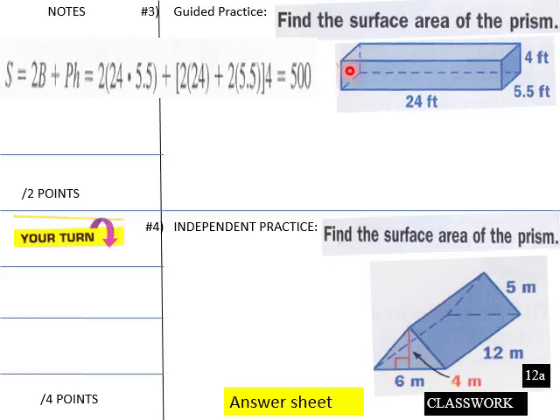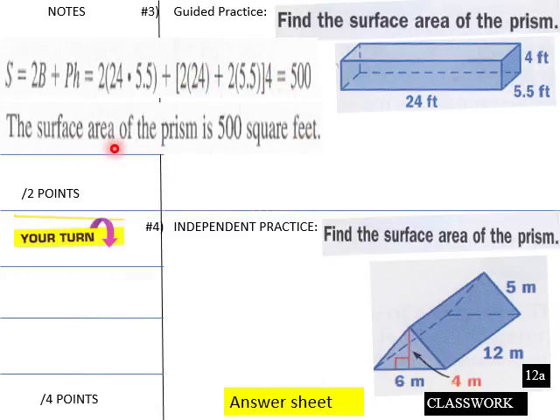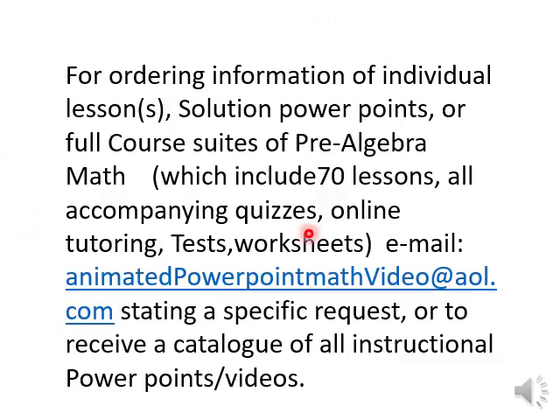And then the H would be the circumference of this rectangular prism, which would be 2 times 24 plus 2 times 5.5, times 4. So we have 4 surface areas of this size here, and that comes out to 500. So the surface area of this prism would be 500 square feet here.